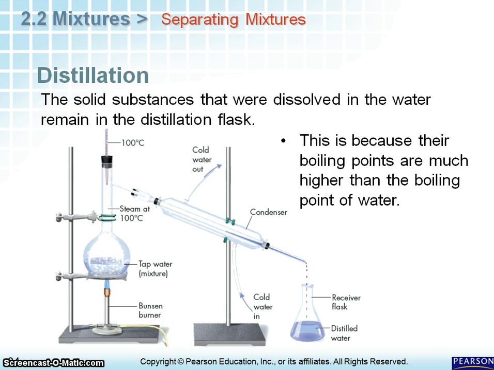The solid substances that were dissolved in the water remain in the distillation flask. This is because their boiling points are much higher than the boiling point of water. So you may see little solidified pieces, usually of calcium and magnesium, in the flask, the leftover dissolved material after the water is all gone.